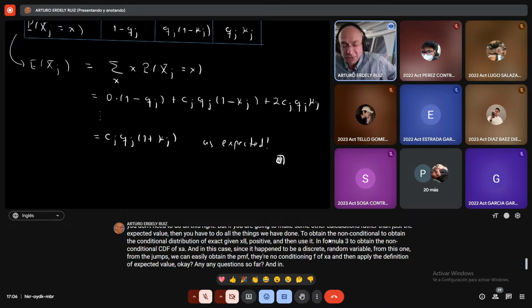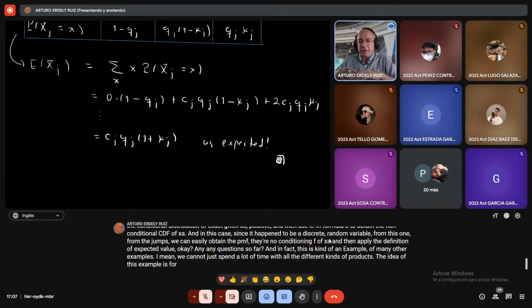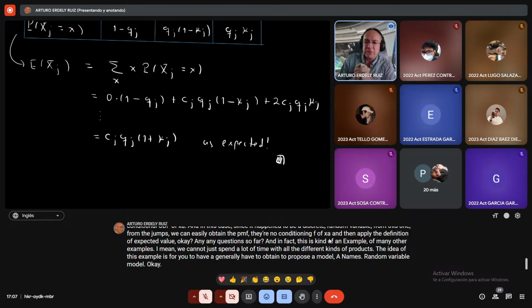And in fact, this is an example of many other examples. We cannot spend a lot of time on all the different kinds of products. The idea of this example is for you to have a general idea of how to propose a claims random variable model for a certain insurance product.